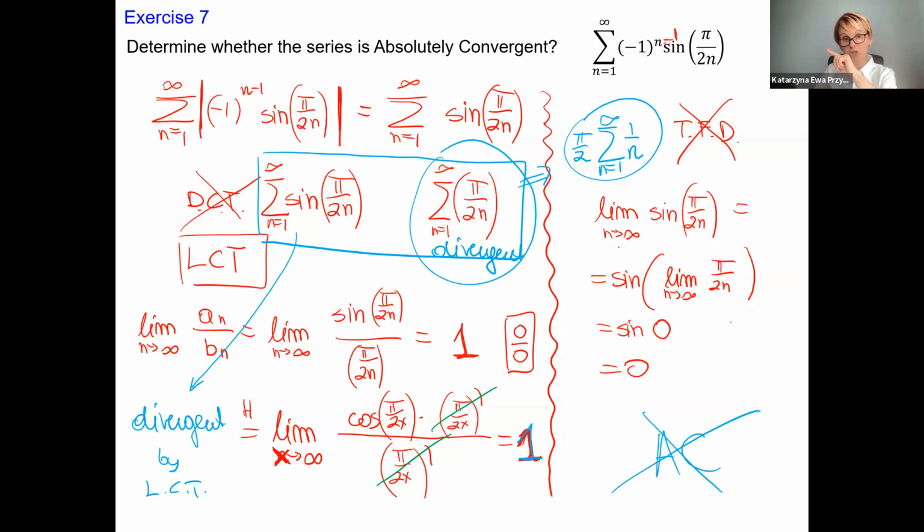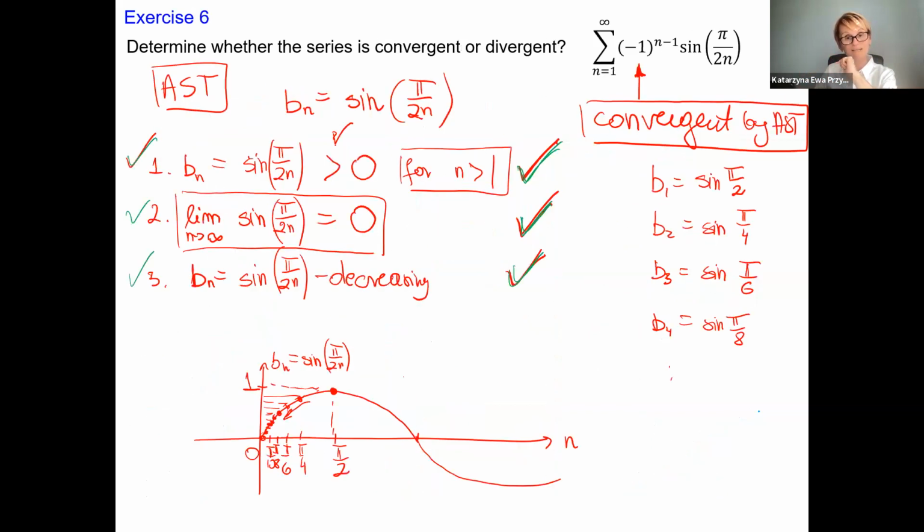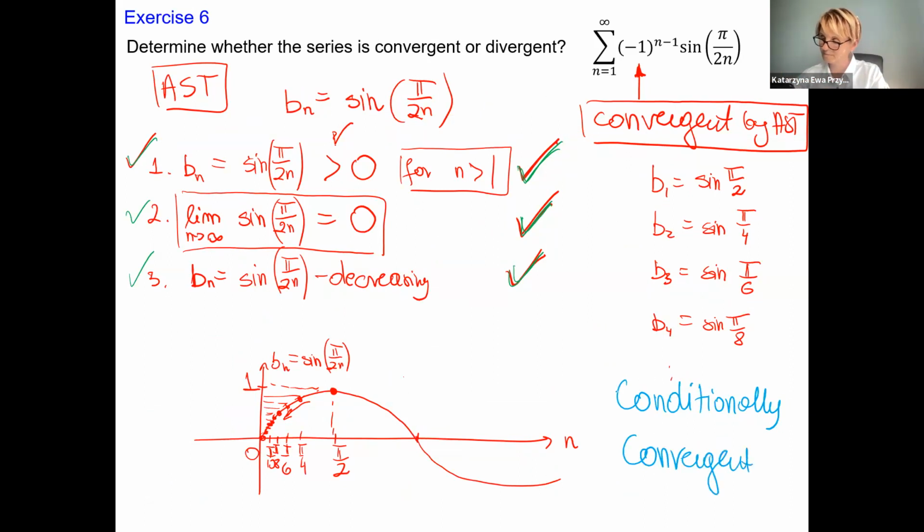But I will switch the slide for exercise number 6. We did the original formula and it is convergent, but taking absolute value, it is not. That means, yes, it's conditionally convergent.